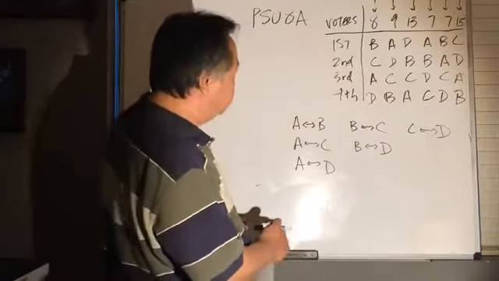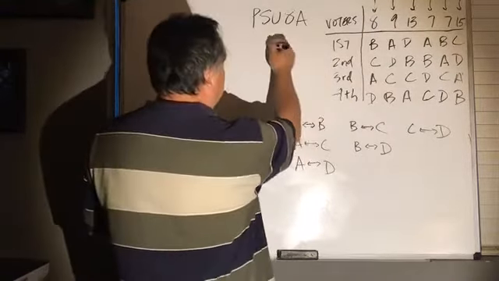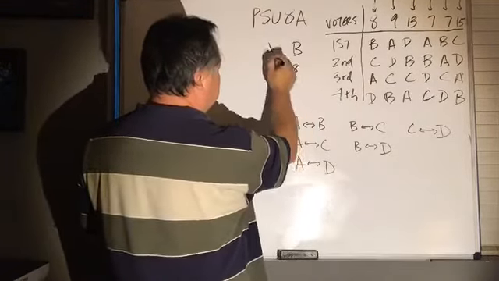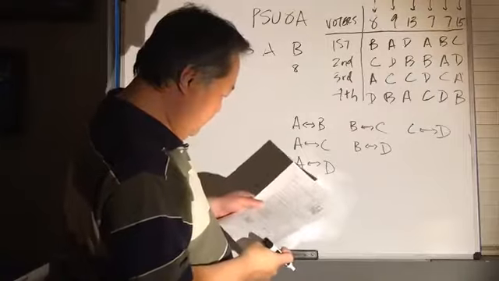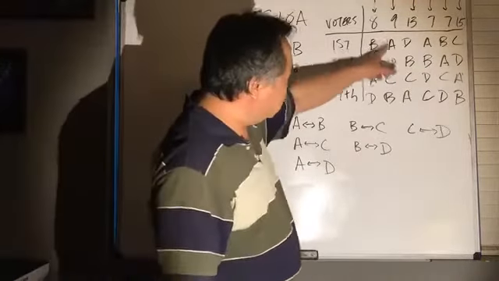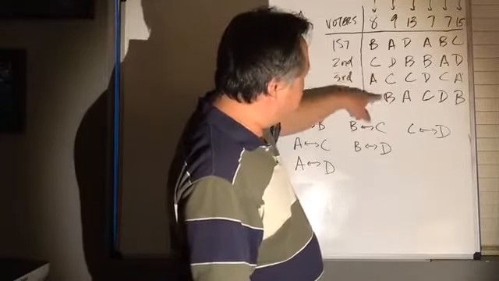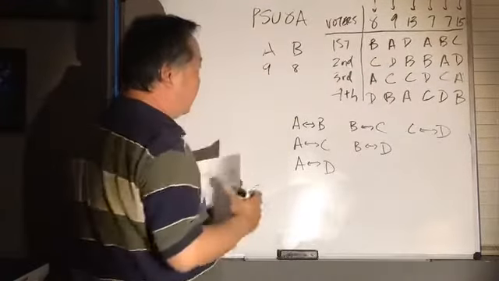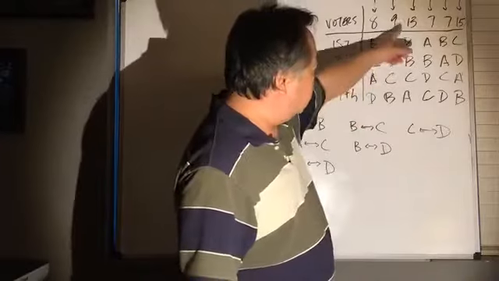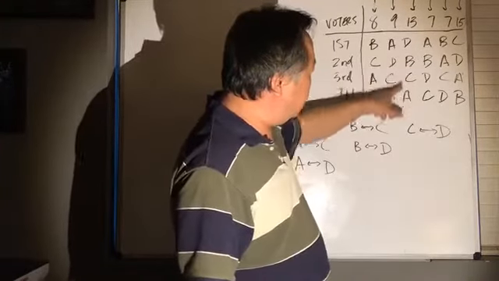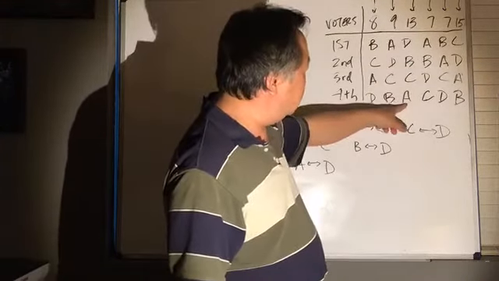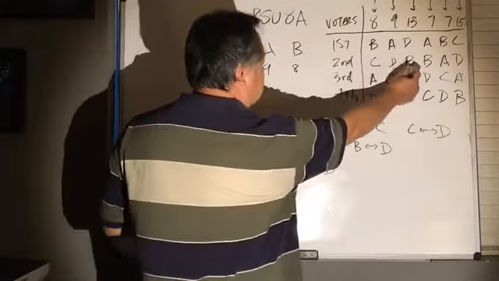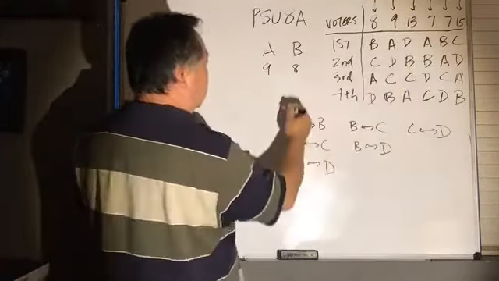Alright? So under B, now I got 8 votes. Second column, A beats B for 9 votes. So now A gets 9. Third column, B beats A again, and for 13. So the 13 votes on column 3 goes to B.